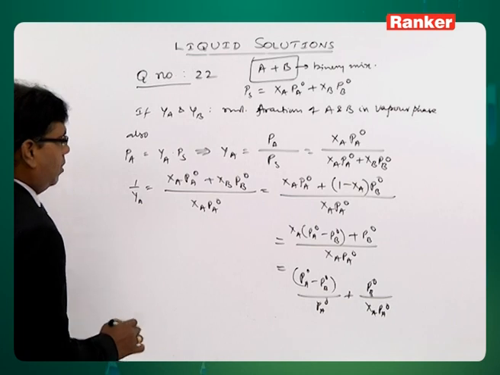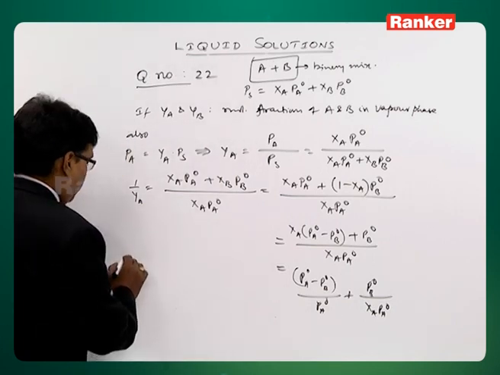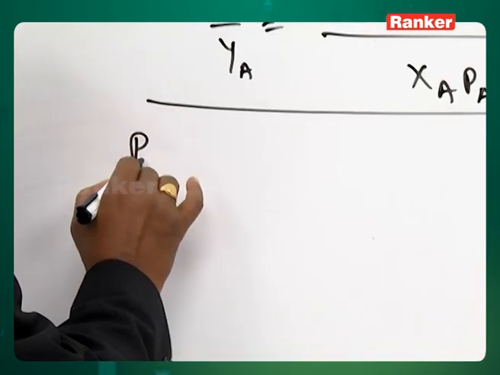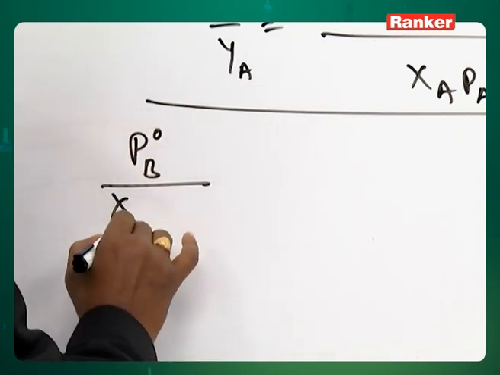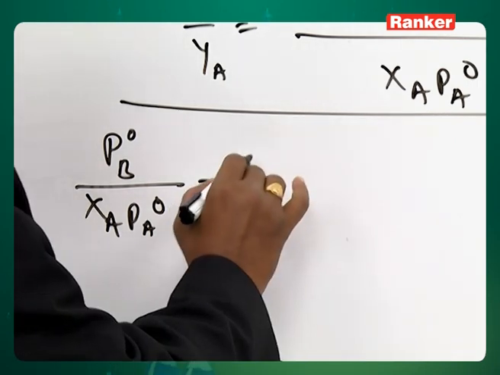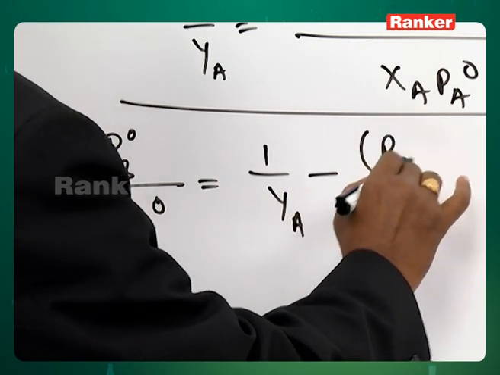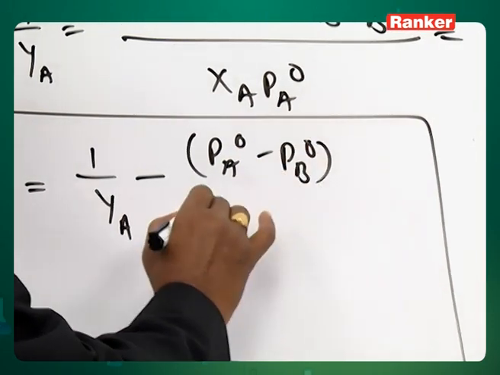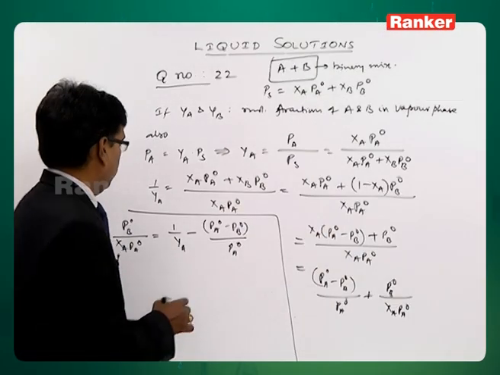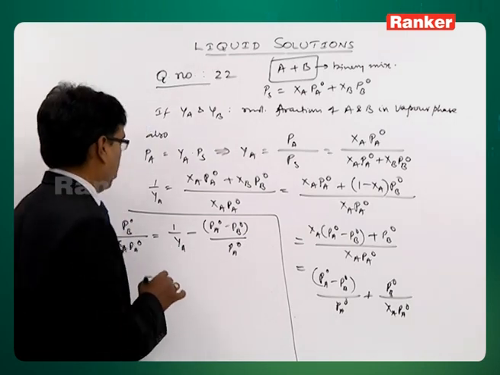Now, bringing 1 by XA to the left hand side, I get Pb naught by XA Pa naught is equal to 1 by YA minus Pa naught minus Pb naught by Pa naught. Now, I will multiply the whole equation with Pa naught by Pb naught.